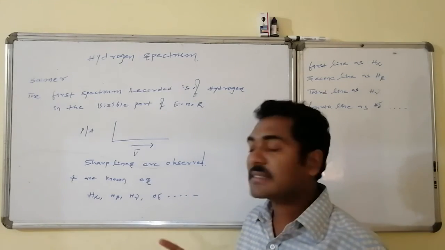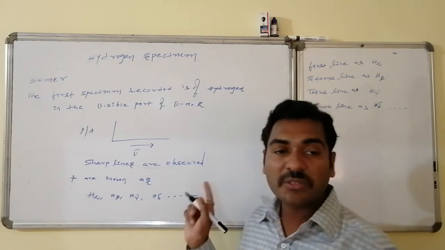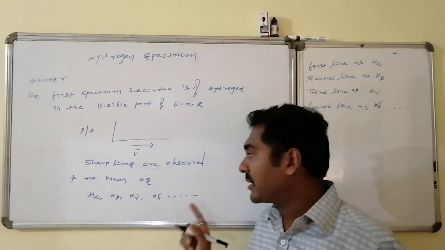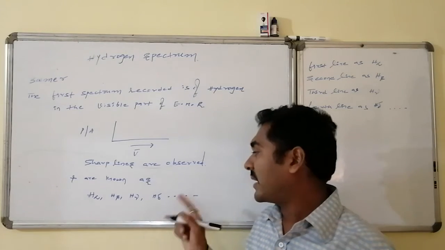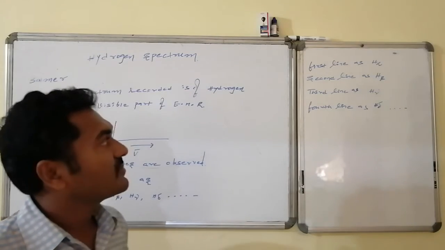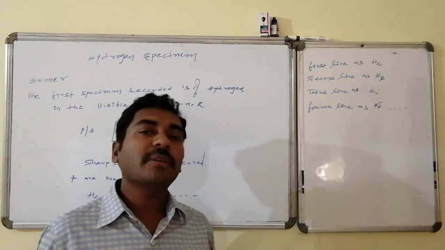That spectrum consists of sharp lines over the dark background, and those lines from lower wave number to higher wave number are named as H alpha, H beta, H gamma, H delta lines, where lower energy is H alpha and the higher energies are alpha to beta to gamma to delta.